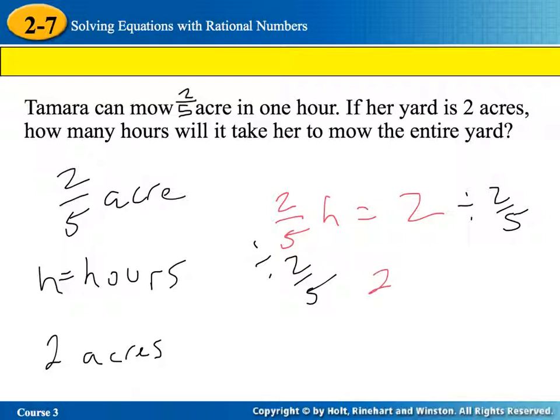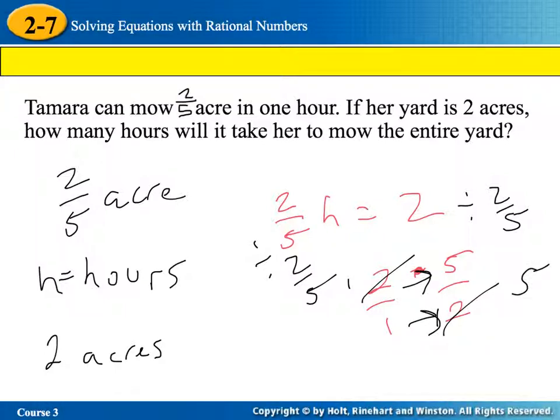So 2 divided by 2/5 is the same thing as taking 2 times 5 over 2. Okay, and I put the 2 over 1 because it's cleaner for me to see. I can see that I have a denominator over that 2. Okay, can I simplify? Yep. What can I simplify? I can simplify my 2's. Okay, so that tells me if I multiply straight across, I have my answer of 5.